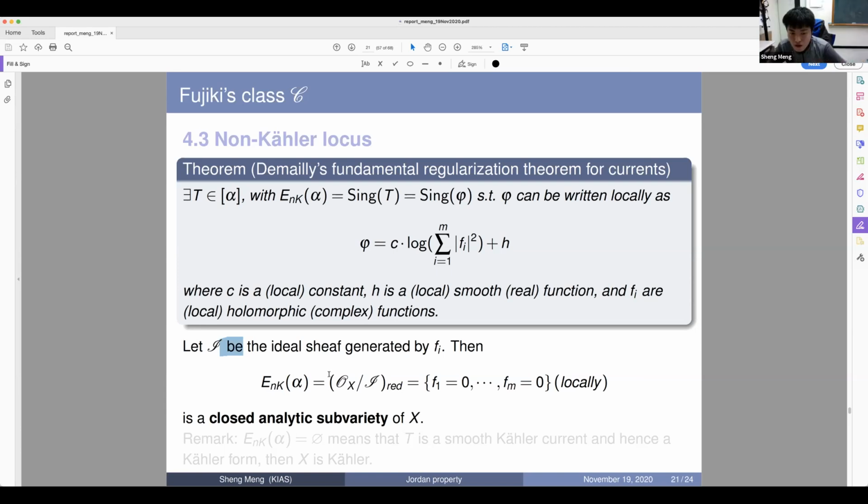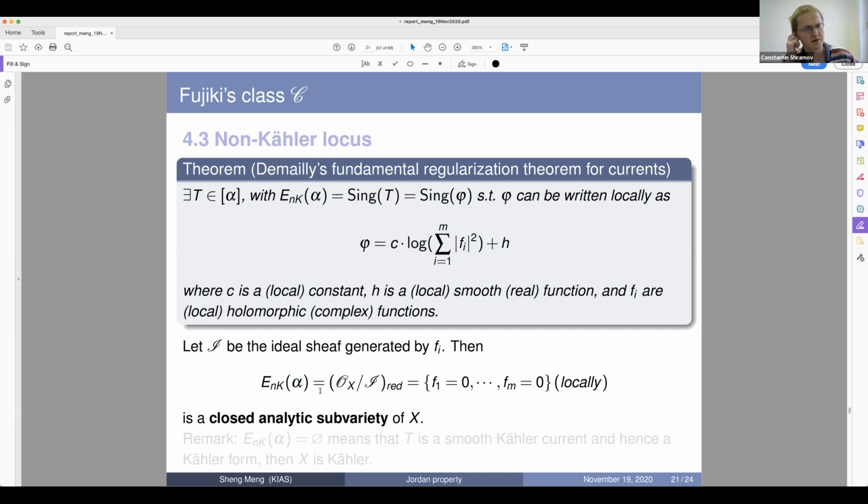Of course, you can always pick some good linear system. You can choose artificially some very bad line bundle, but the existence of some good line bundles with reduced structure of the non-Kähler locus is not known. This is a little bit difficult.